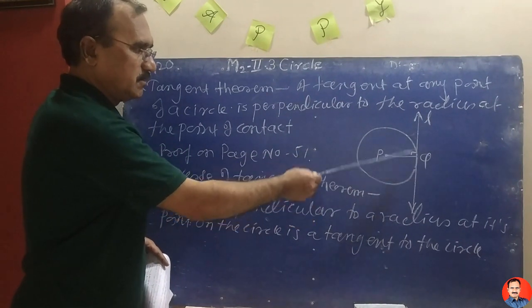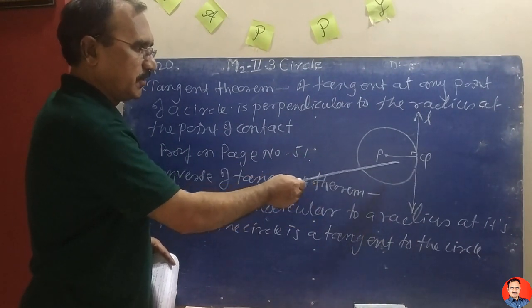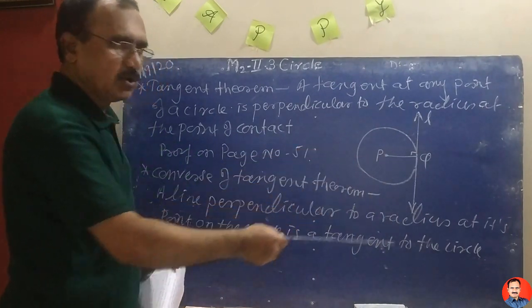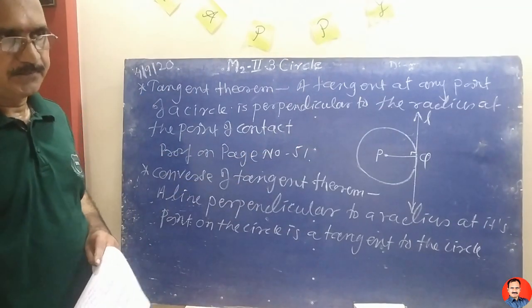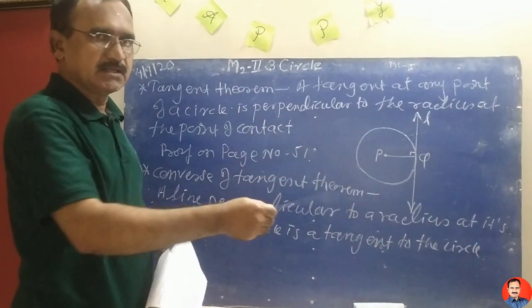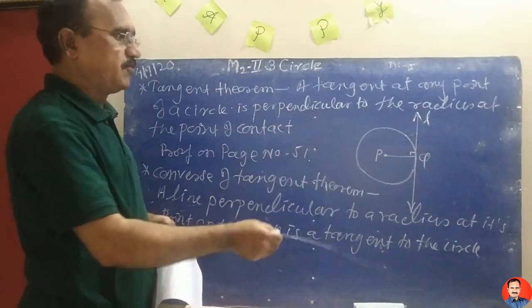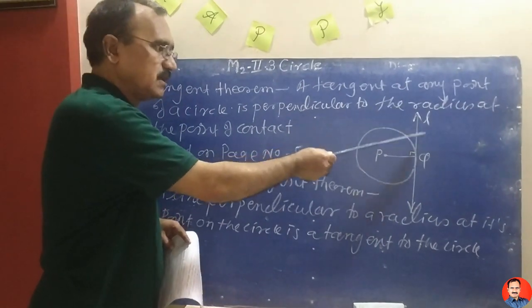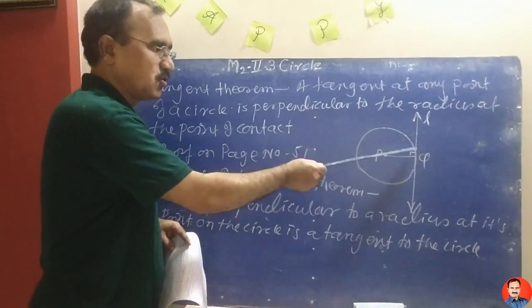If the radius is perpendicular to this line, we don't know whether the line is a tangent or not. We don't know whether line L is a tangent or not. If and only if the radius is perpendicular to the line, then this line is called a tangent of the circle.